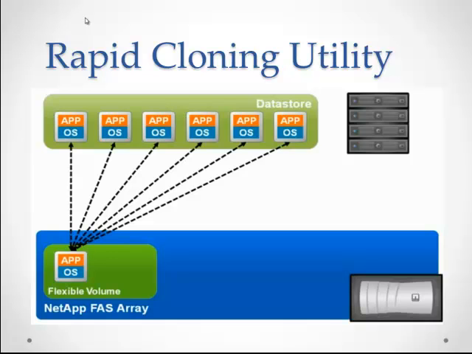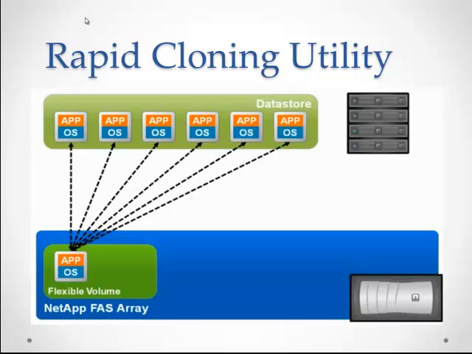So whenever a user writes anything to a cloned VM, we only require space to save the changes he has made to that particular VM. If someone goes into the C drive and makes certain changes, writes anything, or creates a folder, we will only require the space to create that folder on the NetApp storage.